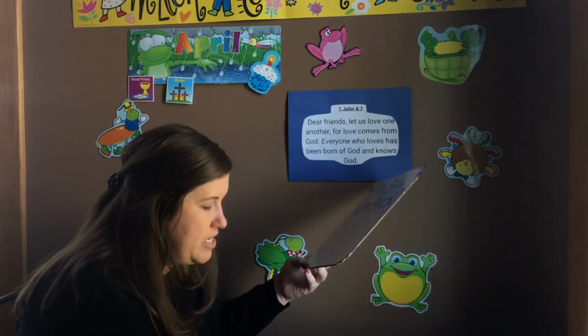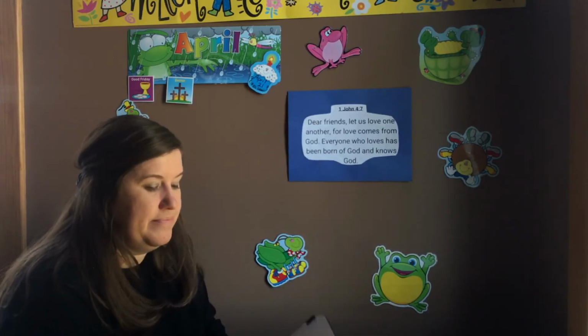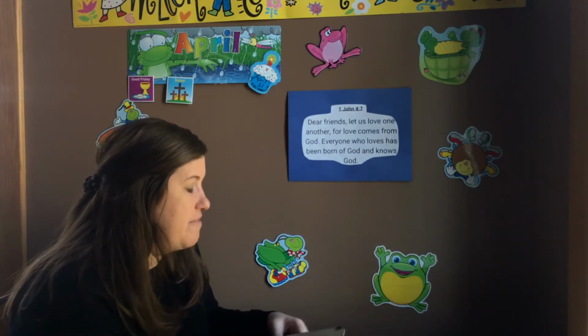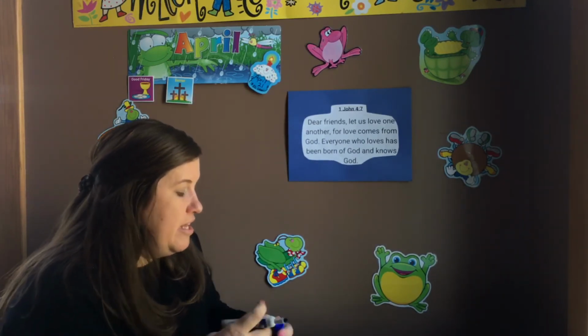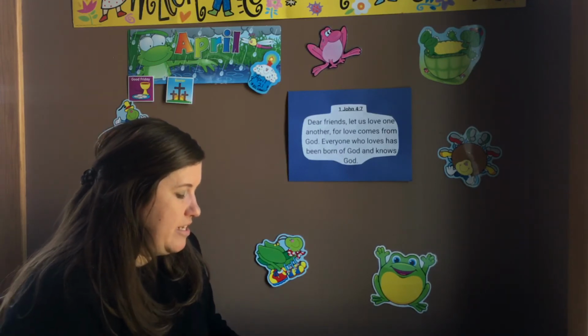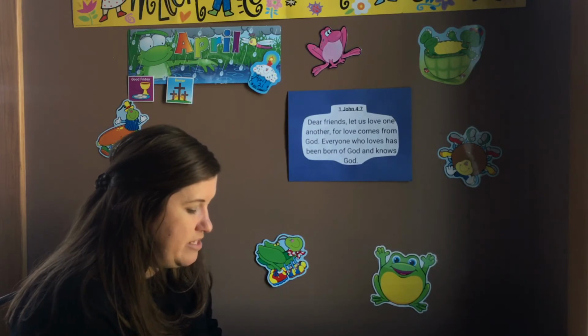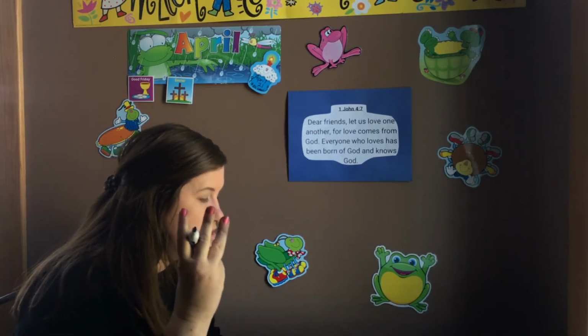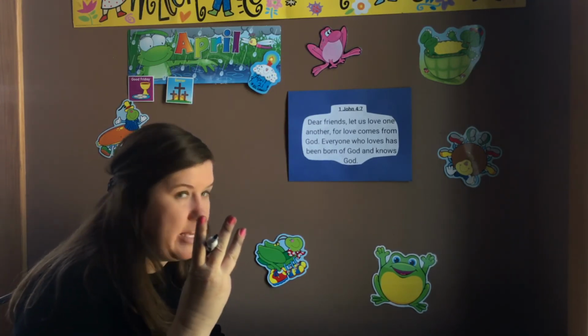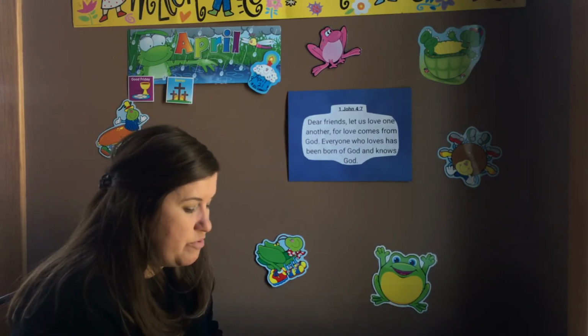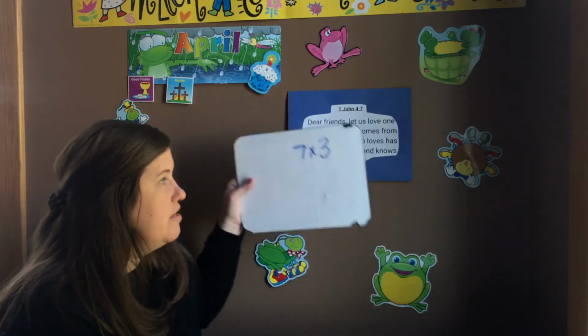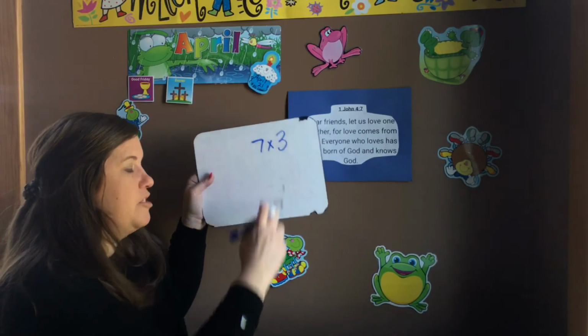So how many days are in a week? 7. You are right. Let's start with the multiplication sentence. 7 days in a week times how many meals? 3 meals, and they get 1 sticker for each meal. So that's 7 days in a week times 3.